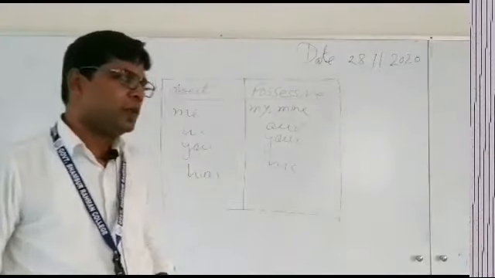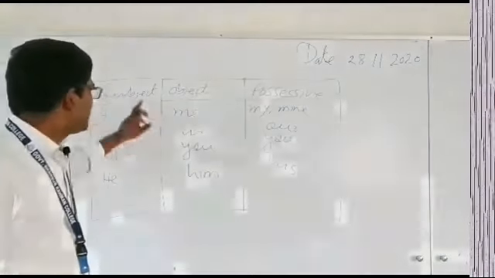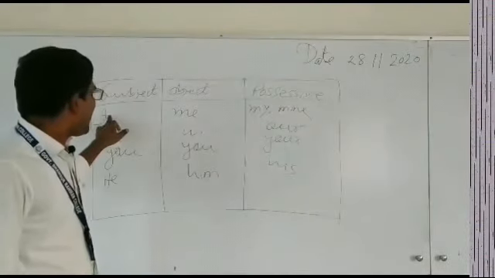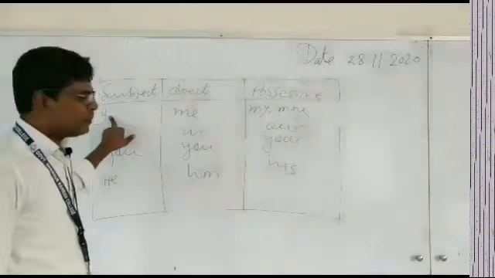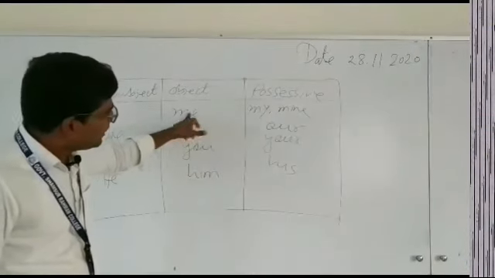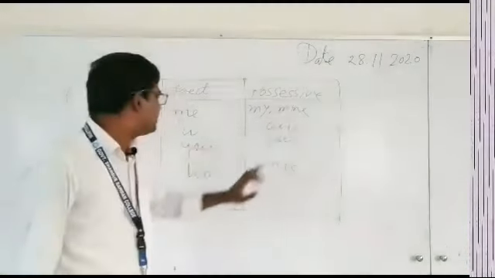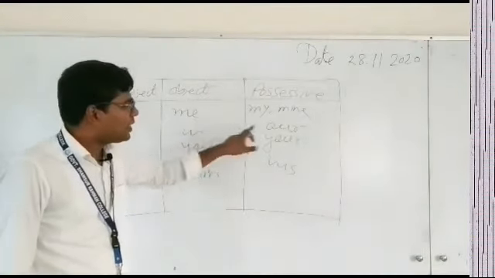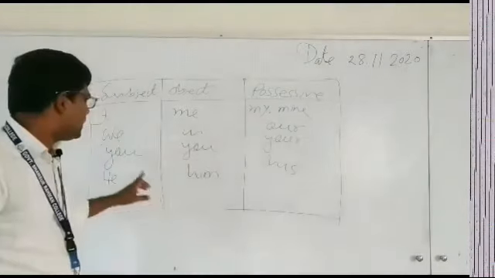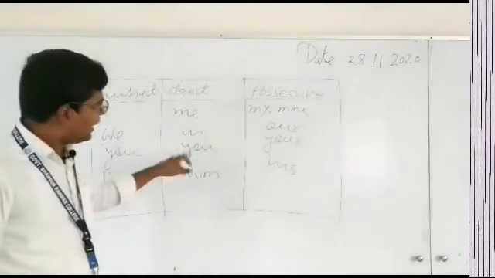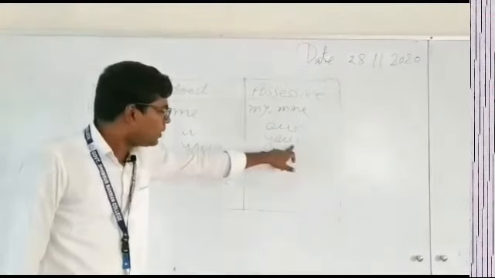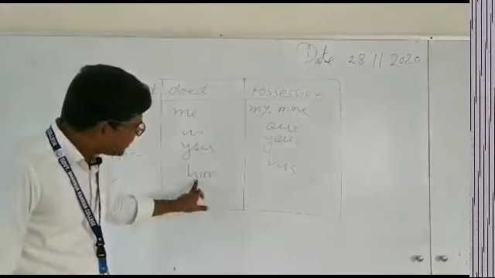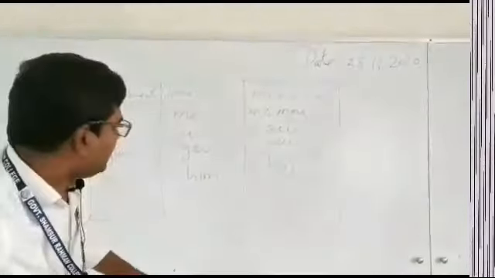Students, now I want to show you a diagram: subject, object, possessive. I, this is the subject form. Me, object form. My is possessive form. We, subject. Us, object. Our, possessive. You, subject. Again you, object. Your, possessive. He, subject. Him, object. His, possessive.